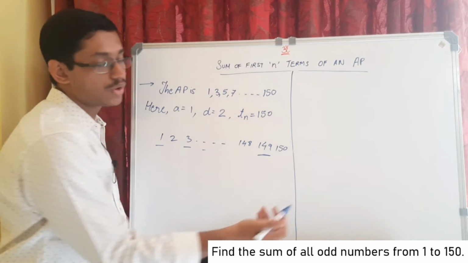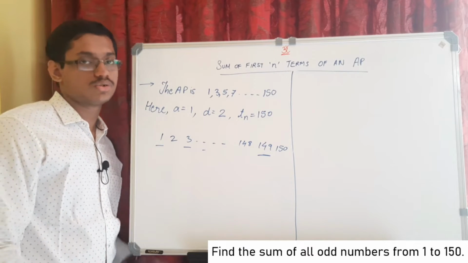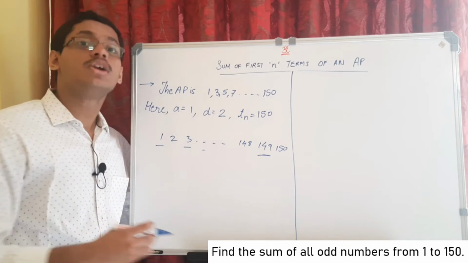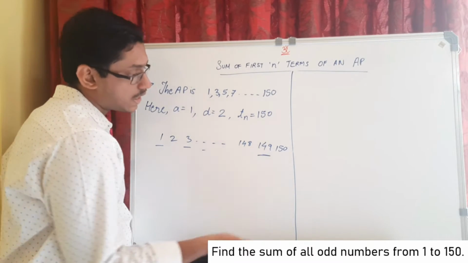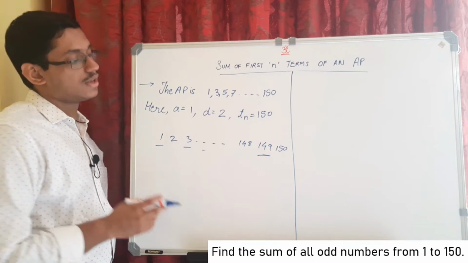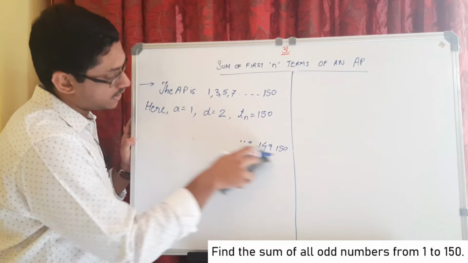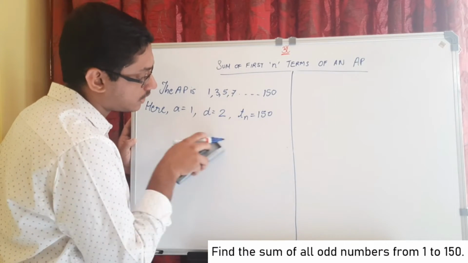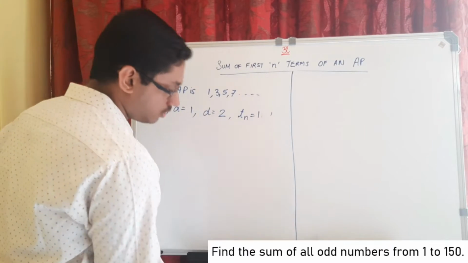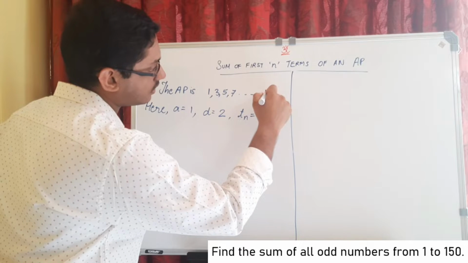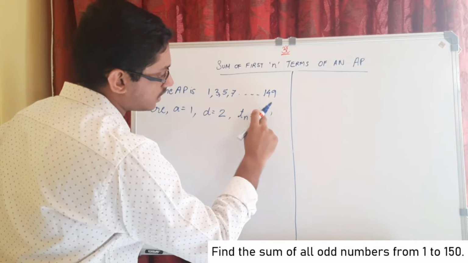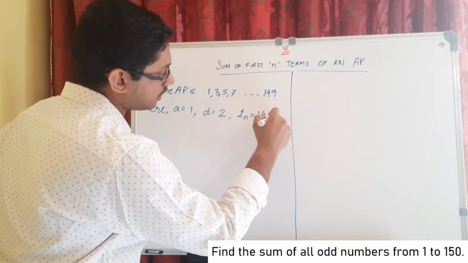We cannot take 151 because it is not given to consider numbers beyond 150. We have to consider numbers before 150 only. So 149 is the last odd number that we have to write as Tn. So here it is wrong. It is 149. Here we have to write 149. Okay.